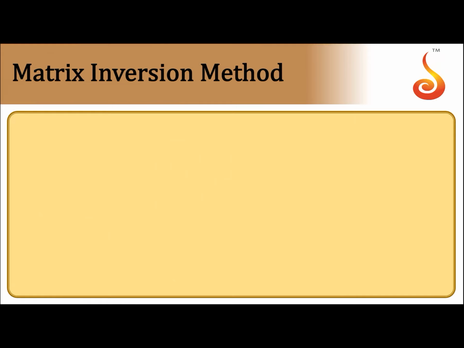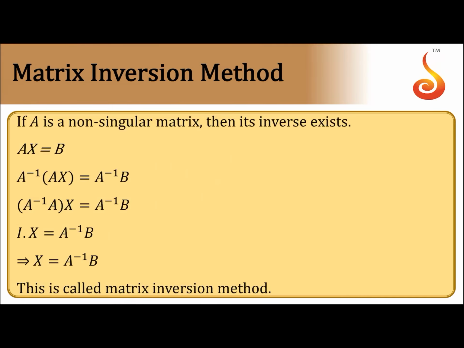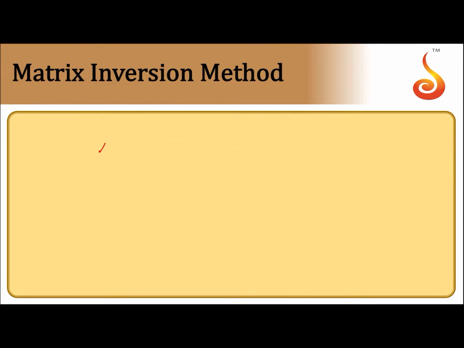Matrix inversion method. In this, suppose you are given a system Ax equals B, where the determinant of A is not equal to 0, which means A is non-singular. Once A is non-singular, A inverse exists. It means A is invertible.